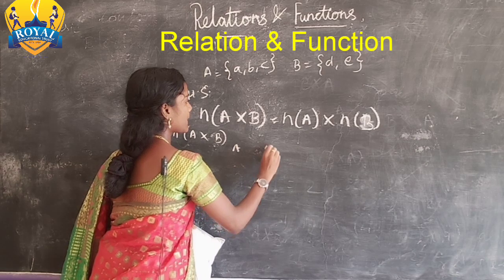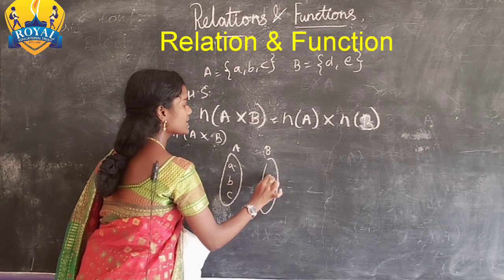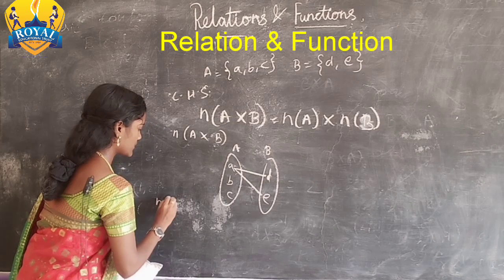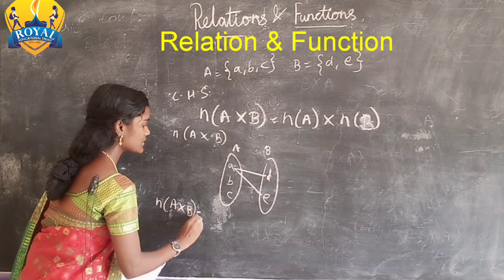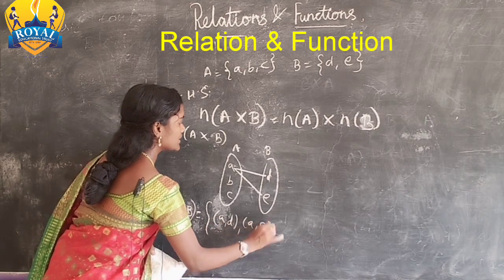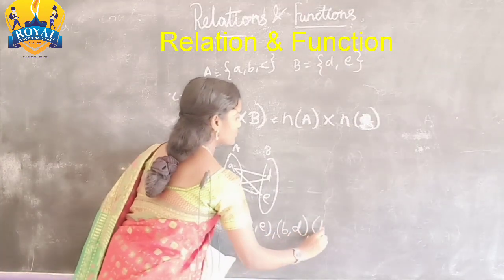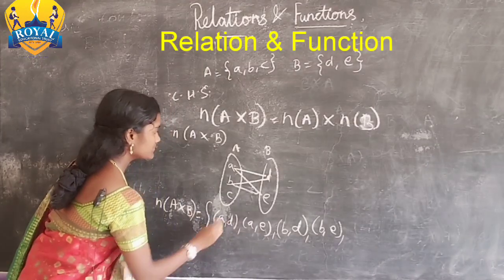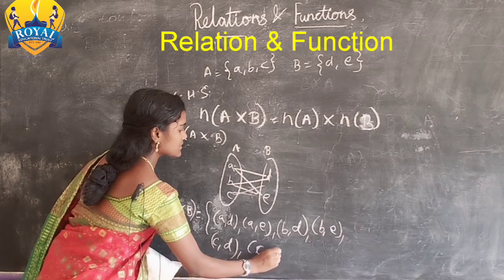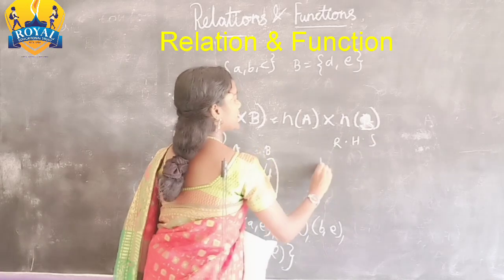So, A, B, C and D, E. A cross B is equal to (a, d), (a, e), (b, d), (b, e), then (c, d), (c, e).